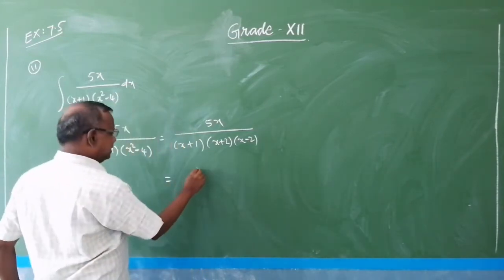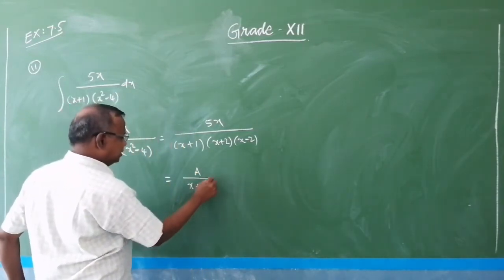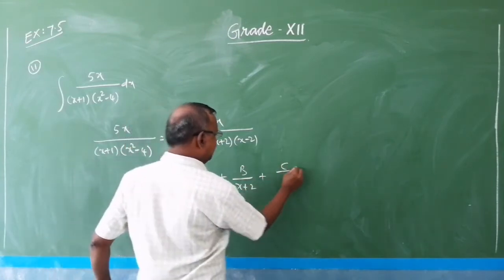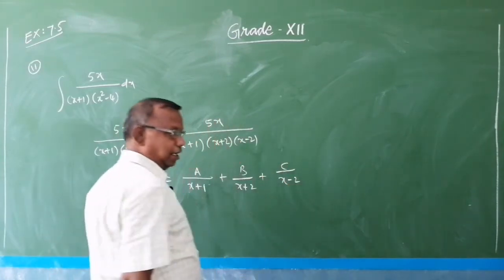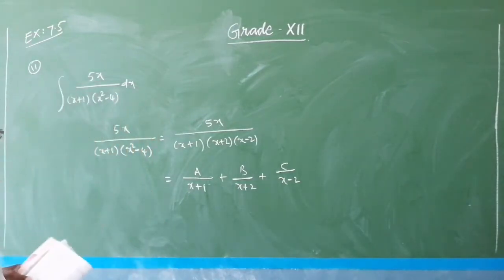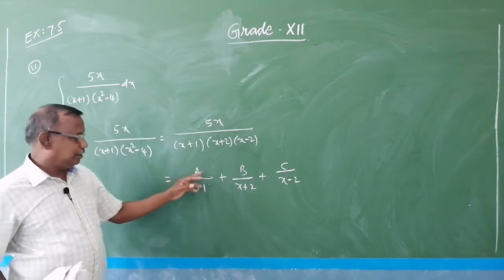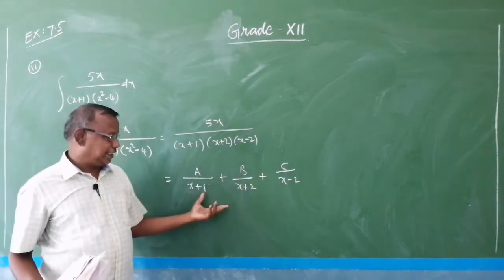So we can write this as A by (x+1) plus B by (x+2) plus C by (x-2), equate the numerators and find the values of A, B, C, and then you can integrate easily.